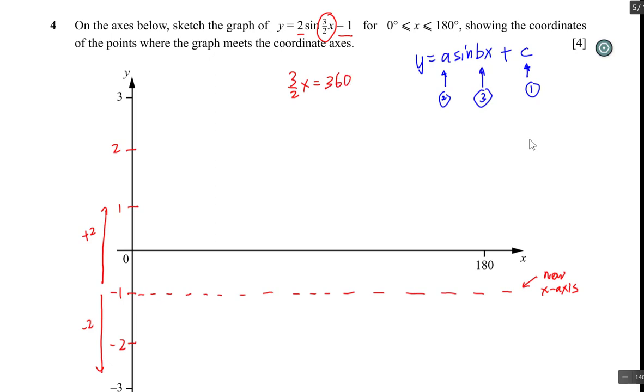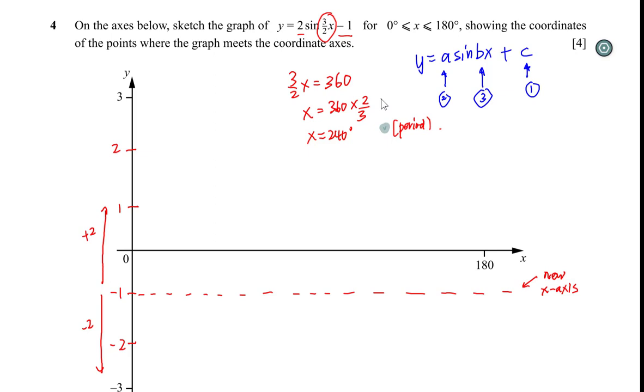So bx equals 360. Then x will equal, use the calculator, 360 times 2 over 3, which is 240. This is my period, right? Period means my trigo graph here, one cycle will stop at 240. But the problem now is I only want to draw until 180.